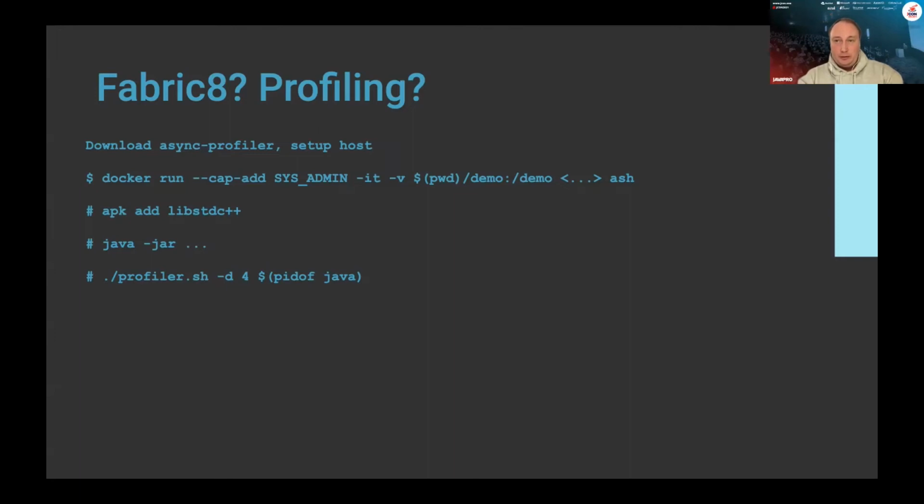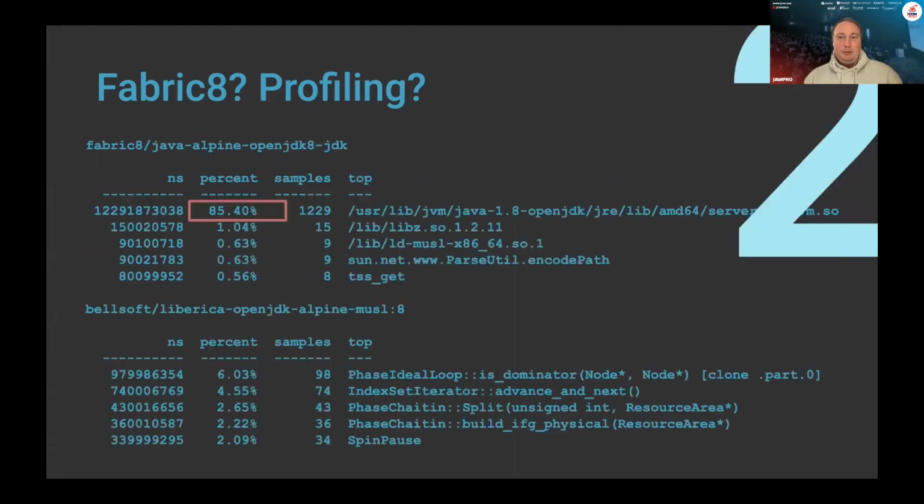But if we need to perform diagnostics, we log into that container, add some additional libraries, and then try to profile our Java process finally. Well, something is wrong here. We just see that, hey, all time is spent somewhere inside the JVM.